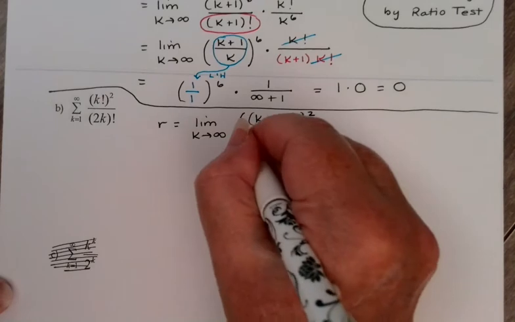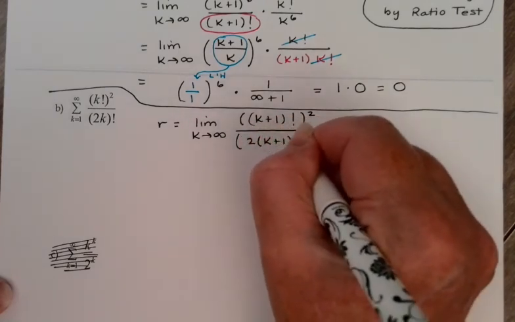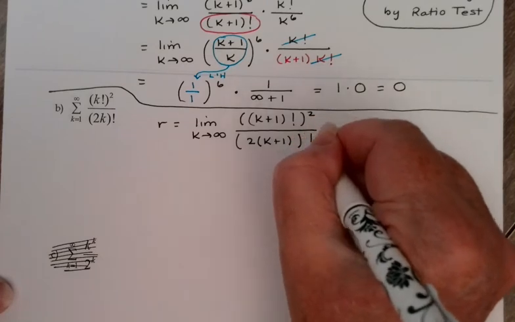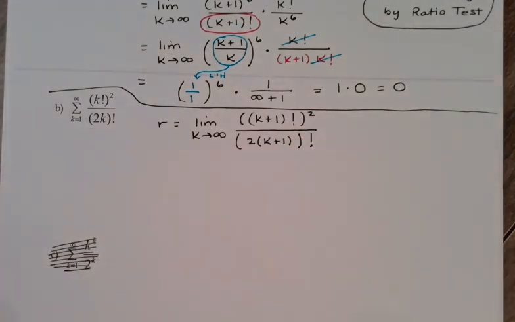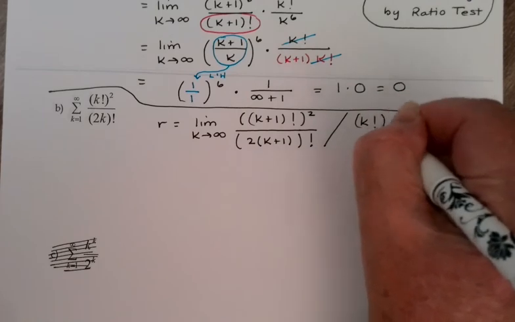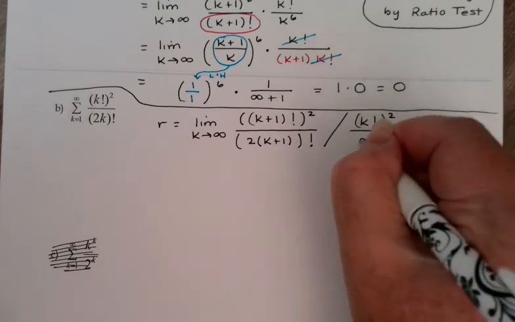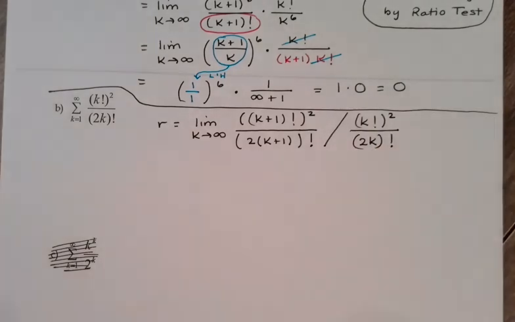And at the bottom, 2 times k plus 1, all factorial. Divide that by a sub k, the original, k factorial squared over 2k all factorial.